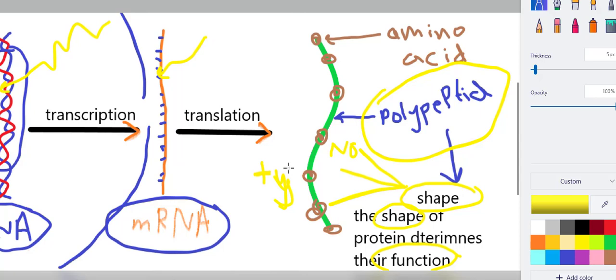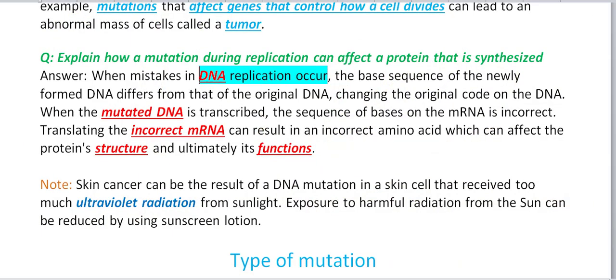The type, number and order of amino acids are determined by the mRNA. mRNA is determined by the DNA. So if the mutated DNA here is transcribed to the mRNA, the mRNA is incorrect.